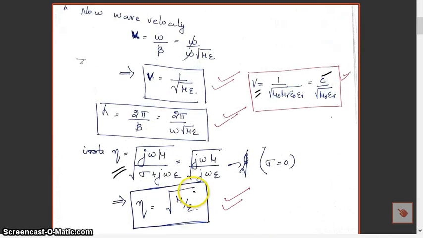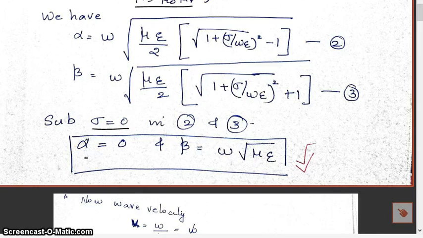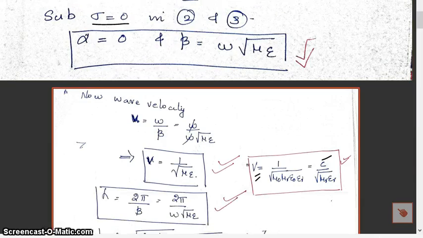And that's all in this section. So here you have to keep these formulas in mind: alpha, the attenuation, is equal to 0; beta, the propagation constant, is omega into square root of mu epsilon; and the wave velocity is given by the formula 1 by square root of mu epsilon.